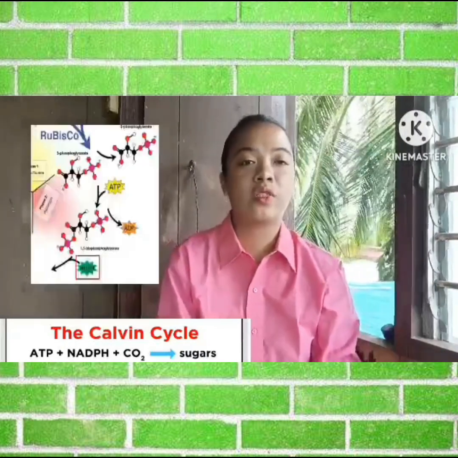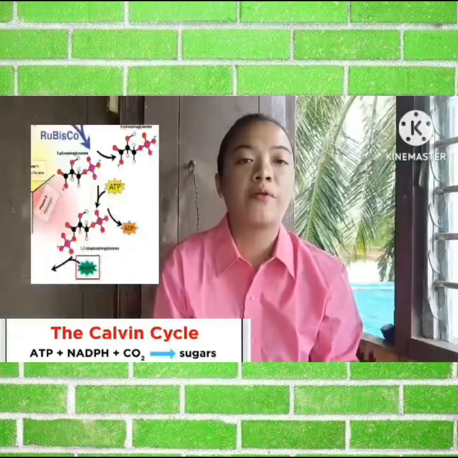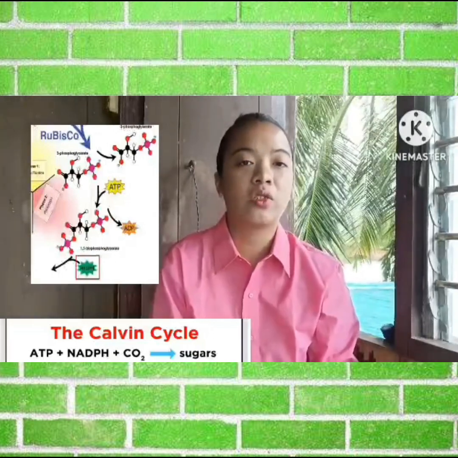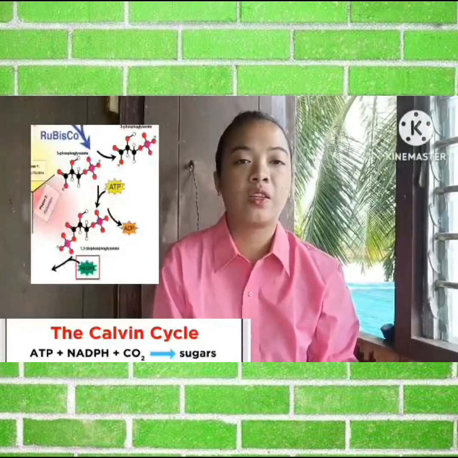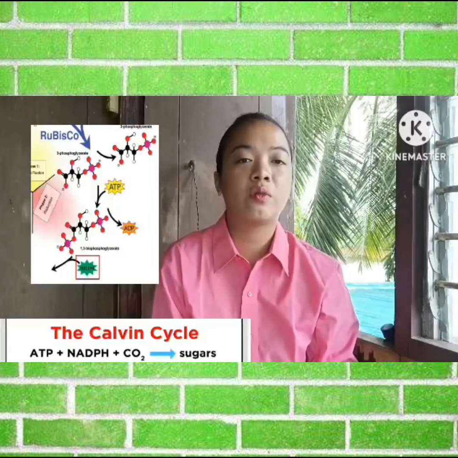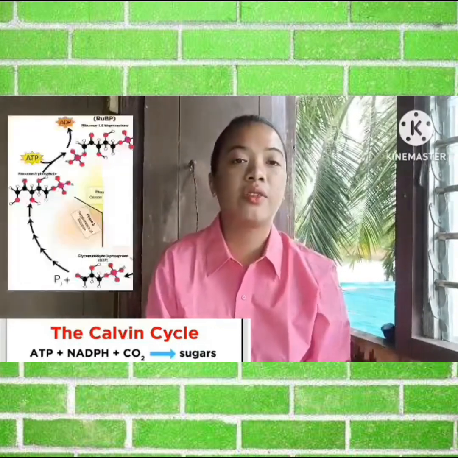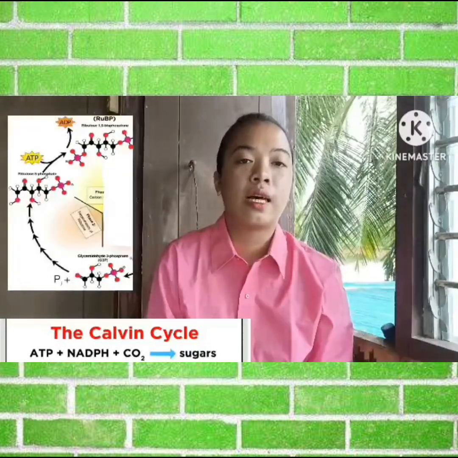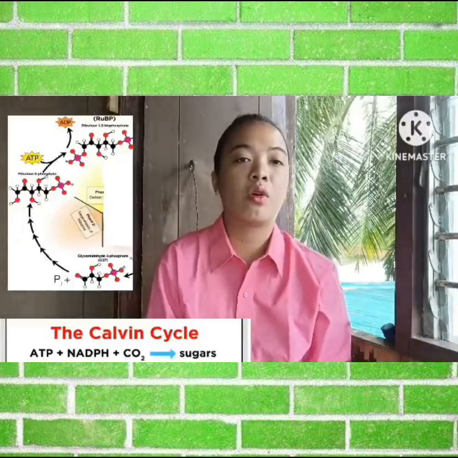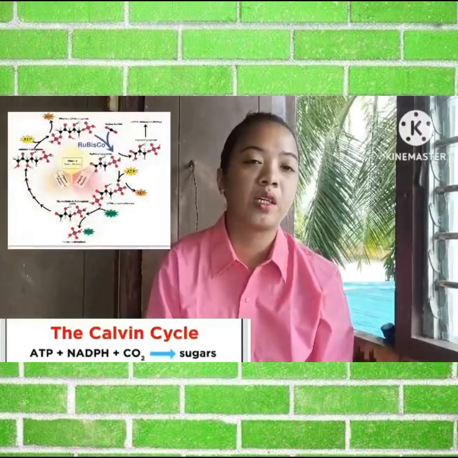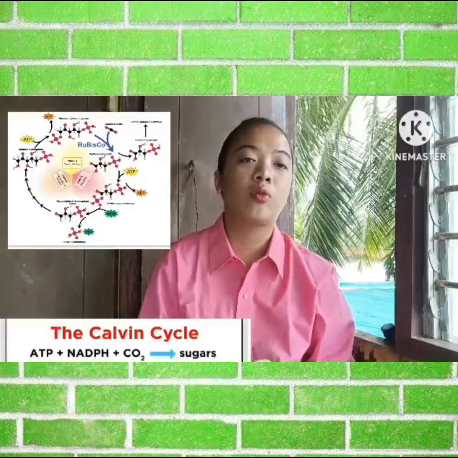For phase 2, which is reduction, each of the 3-phosphoglycerate molecules receives a phosphate from ATP and is then reduced by NADPH. Lastly, regeneration of ribulose: some G3P goes back to generate more RuBP and start the cycle all over again. In addition, to generate a net output of 1 G3P, the Calvin cycle needs 9 ATPs and 6 NADPH.